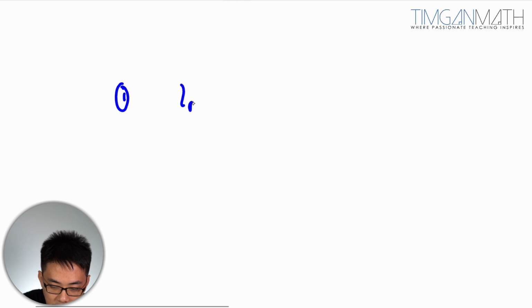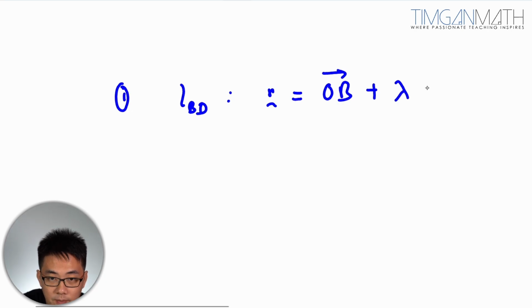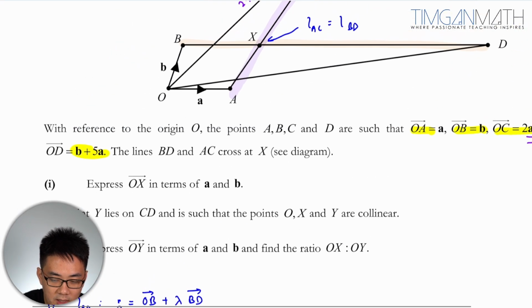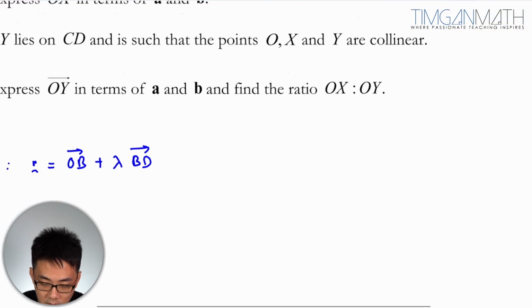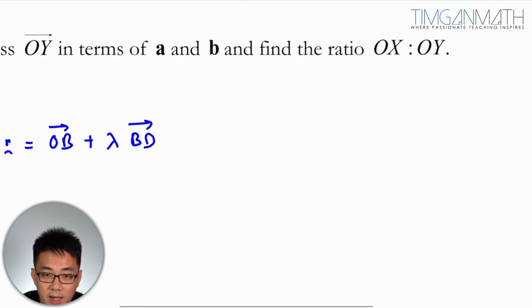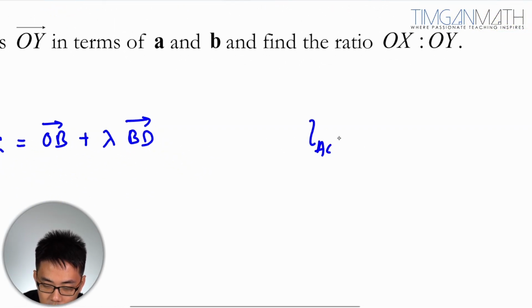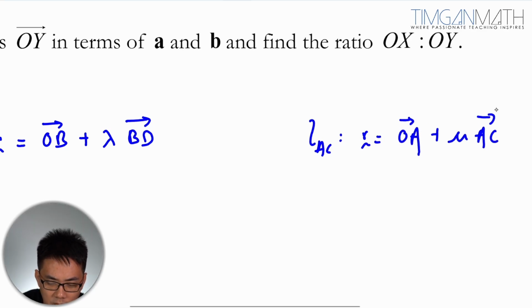LBD will just be r equals OB plus lambda BD. You need a position vector on the line, which is B or D. It doesn't matter. You can use OD, but I'm just going to use OB, which is the easier way. Then I'm going to find the line of AC: OA plus mu AC, where the direction is from A to C.